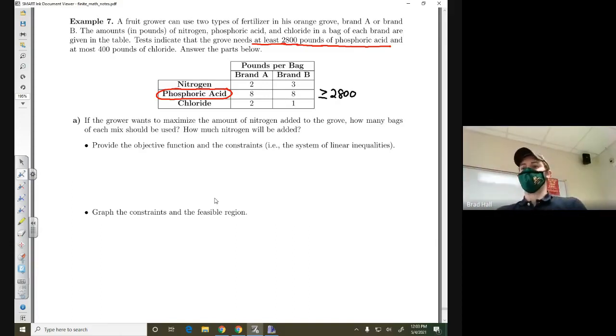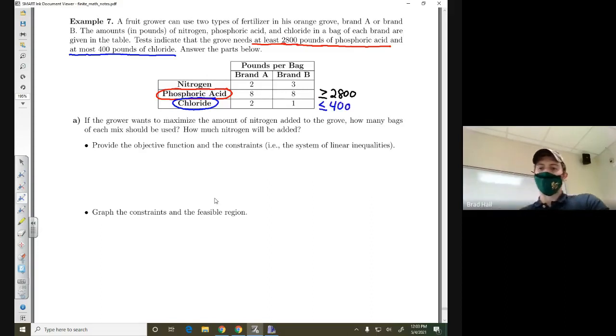Because that 2,800 refers to phosphoric acid, and I see that phosphoric acid is the second row. As I keep reading, I see at most 400 pounds of chloride. Here's chloride, it's the third row. At most means that we have a less than or equal to sign, and 400 is the maximum for the chloride.